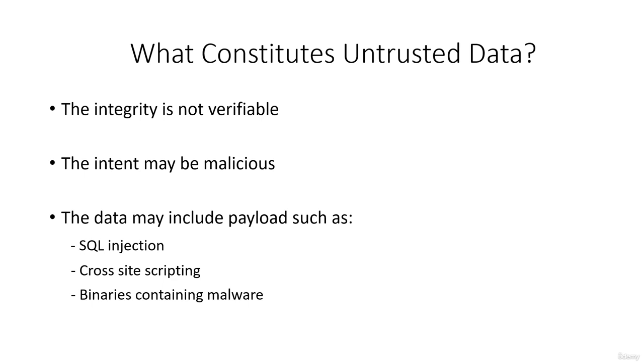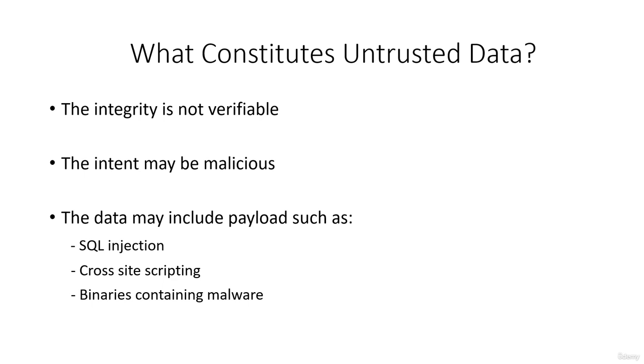The other thing is that we have to expect that the intent may be malicious. So we need to expect that every single piece of data and command in the system could have evil intention. Of course, once a piece of data contains a malicious payload, it may have an objective such as executing a SQL injection or a cross-site scripting attack, which we will look at a little bit later on.